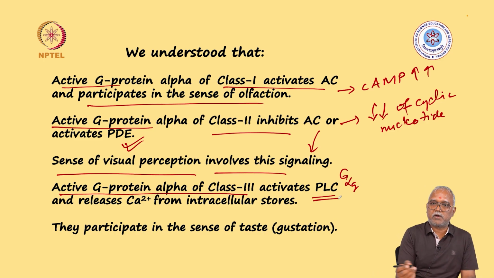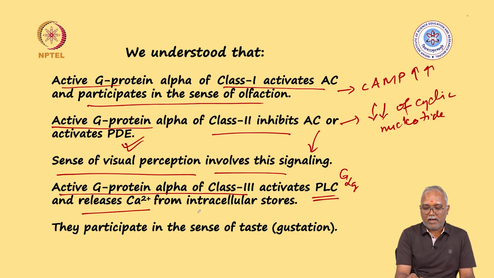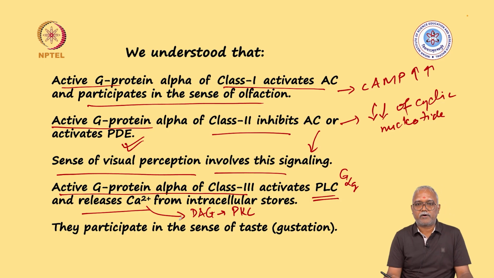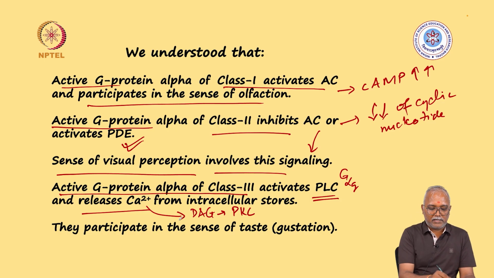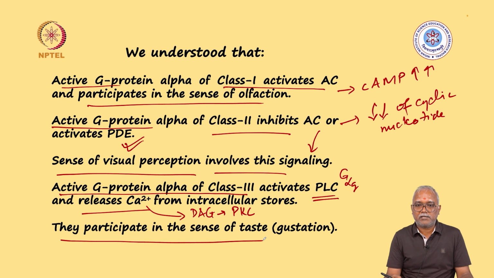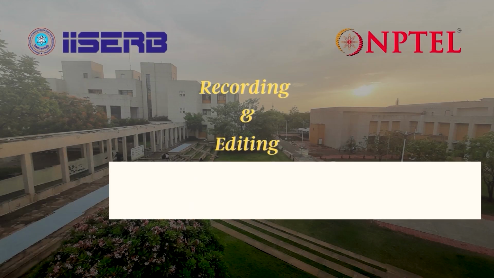This PLC breaks down PIP2, releases calcium from intracellular stores and activates protein kinase C through DAG, diacylglycerol, and cooperative function from the calcium. And the sense of taste, or gustation, is where we are seeing G alpha Q coming into the picture. Thank you.